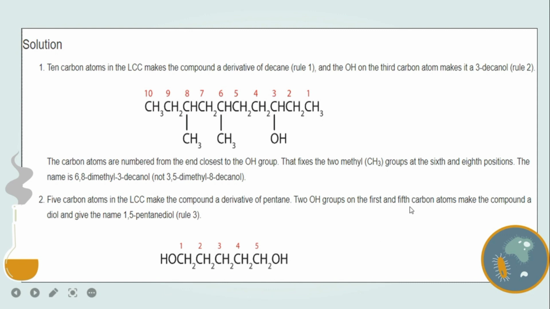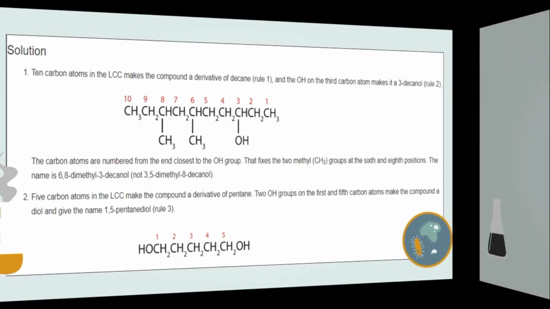Because of that, it makes the compound a diol, since it has two hydroxyl groups, and it should be named 1,5-pentanediol. Pentane because it has five carbons, and in mathematics the pentagon has five sides. So another example to deepen your understanding.